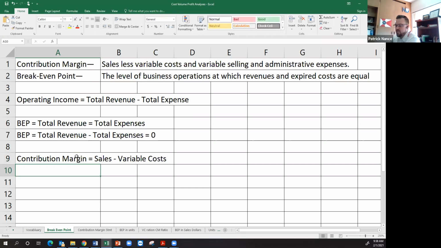Now, just like everything else, this can be done on a scale of being in total, or it can be done on a scale of per unit. So if I was going to do contribution margin per unit, that would equal the sales price per unit minus the variable costs per unit.